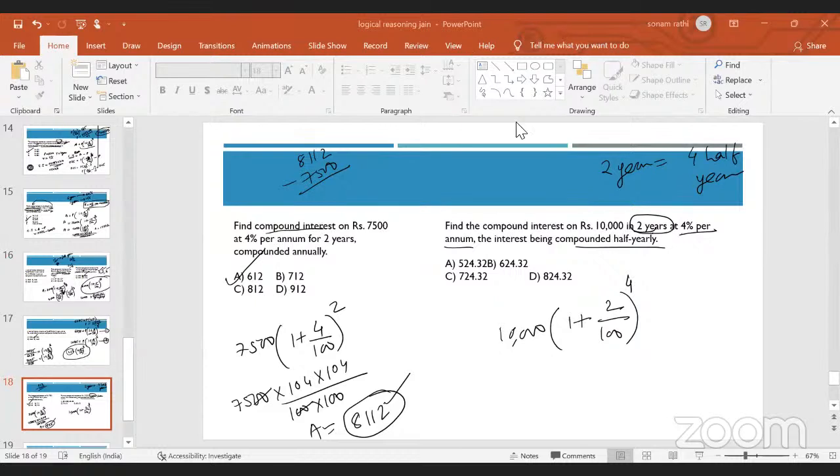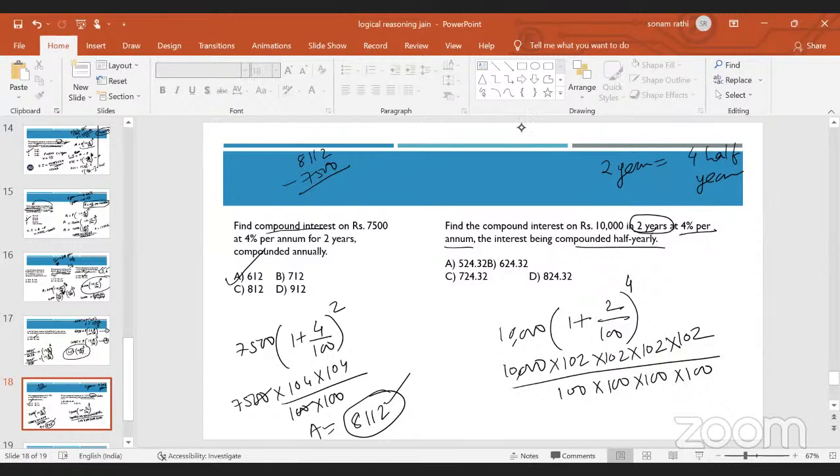Okay, let's do the calculation. 10,000 into 102 into 102 into 102 into 102, divided by 100 into 100 into 100 into 100.